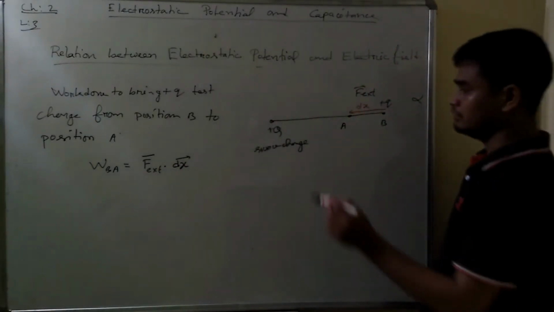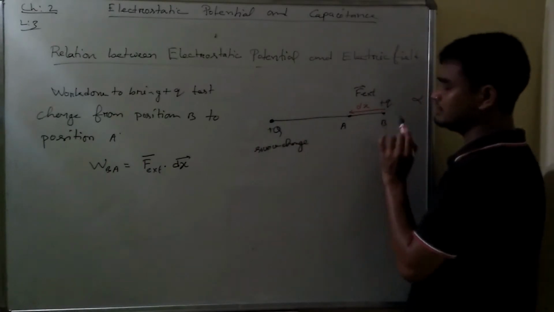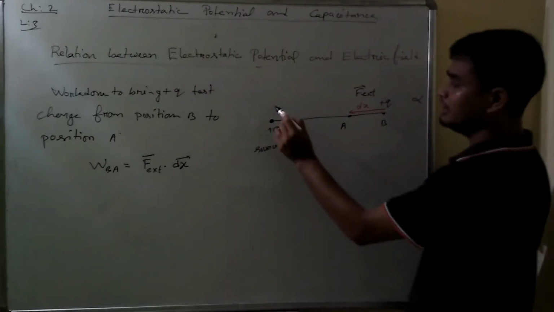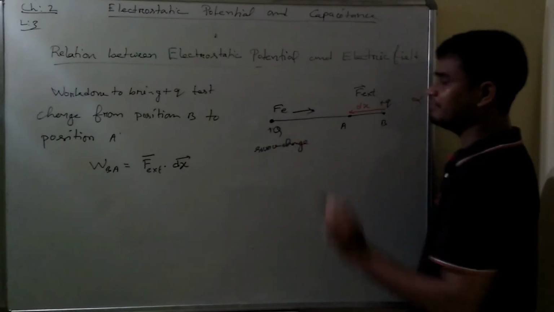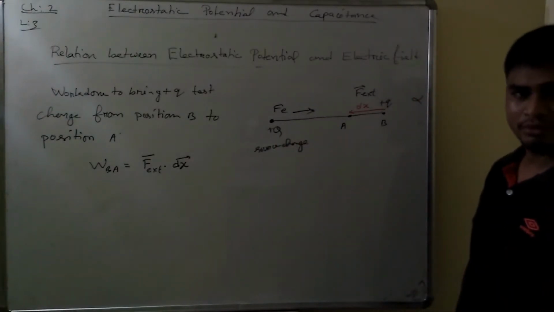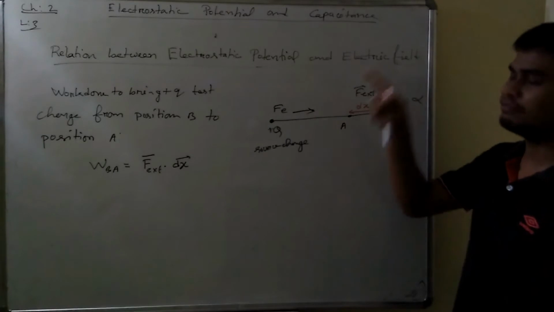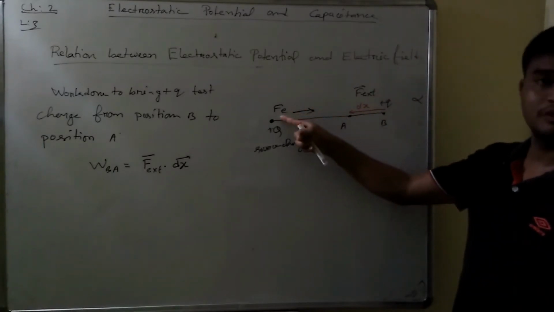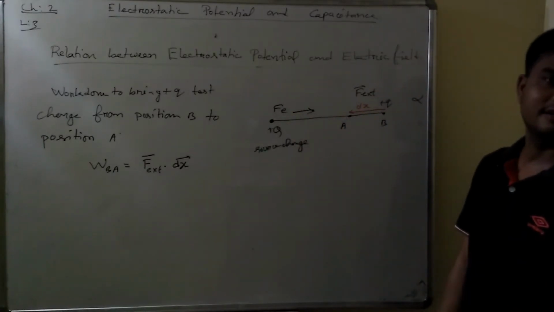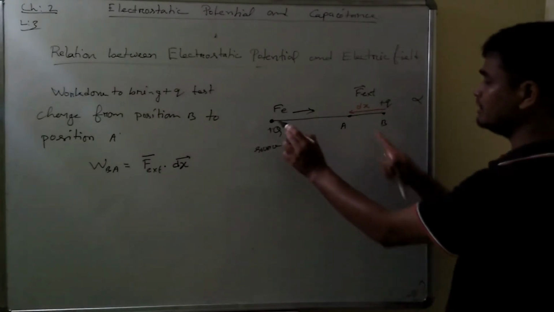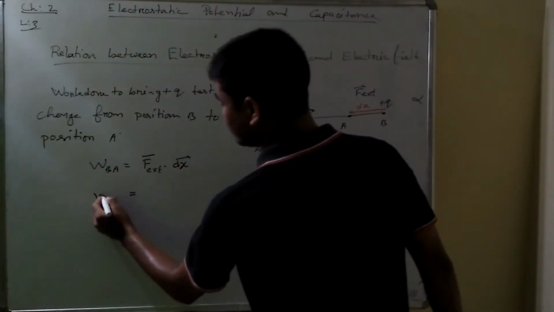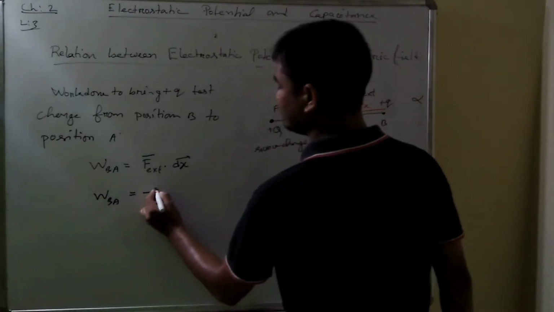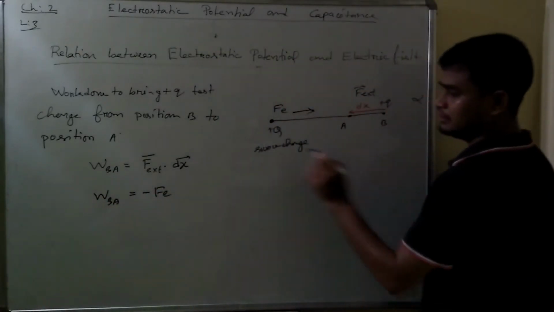Clear? Now this is Q charge, this is Q charge. Therefore electrostatic force Fe is applicable here, in this direction. How much external force do we have to apply? The same as the electrostatic force due to these charges. Therefore, work done to bring the charge from B to A is minus Fe dx. Why have we written minus?